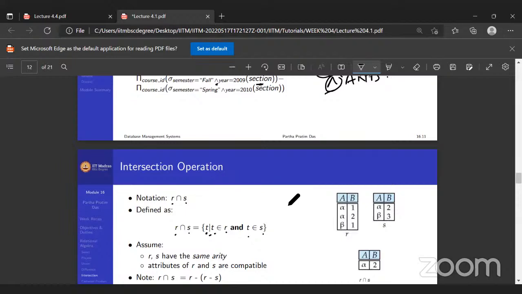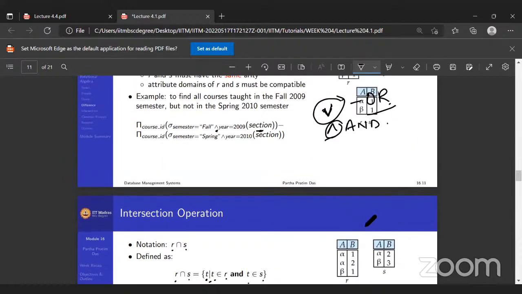So can you tell me what is the output of this R intersection S? Alpha 2, the common attribute, right?